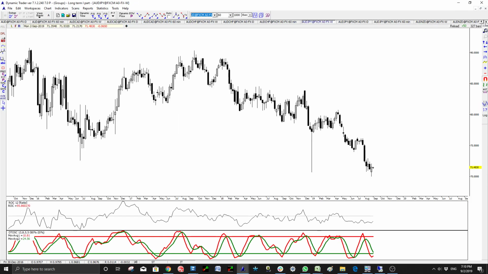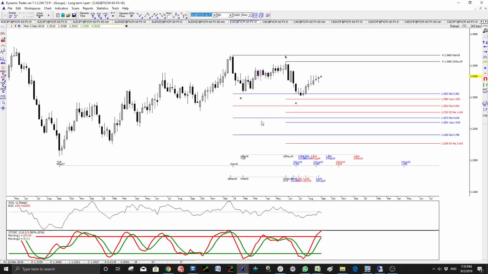Canadian US dollar had a nice potential opportunity, but not very clear. I can see this ABC correction for the previous swing up, but there are no real time retracements that I can use.